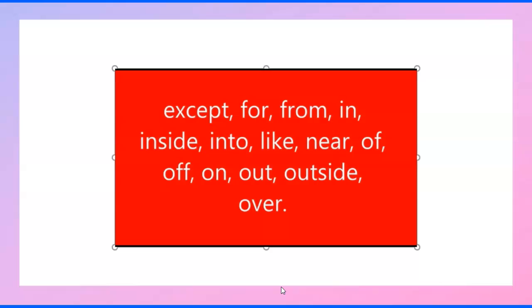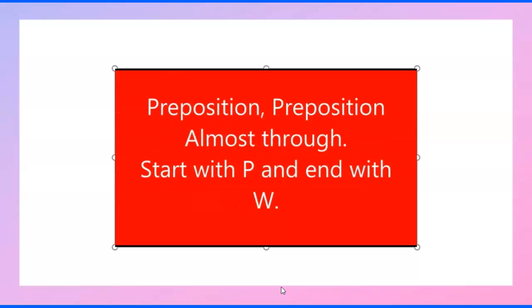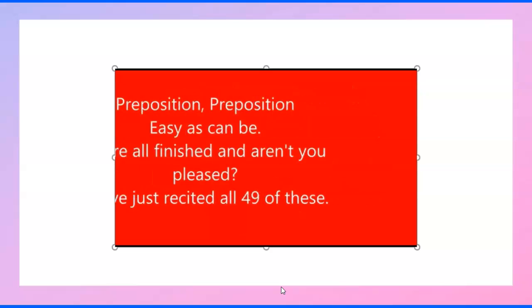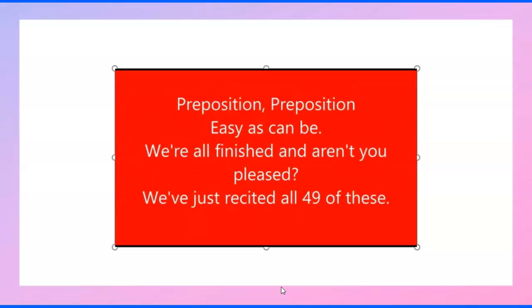E, F, I, N, L, N, O: except for, from, in, inside, into, like, near, of, off, on, out, outside, over. Preposition almost through, start with P and end with W. Past tense through, throughout, to, toward, under, underneath, until, up, upon, with, within, without. Preposition easy as can be. We're all finished and aren't you pleased? We've just recited all 49 of these.